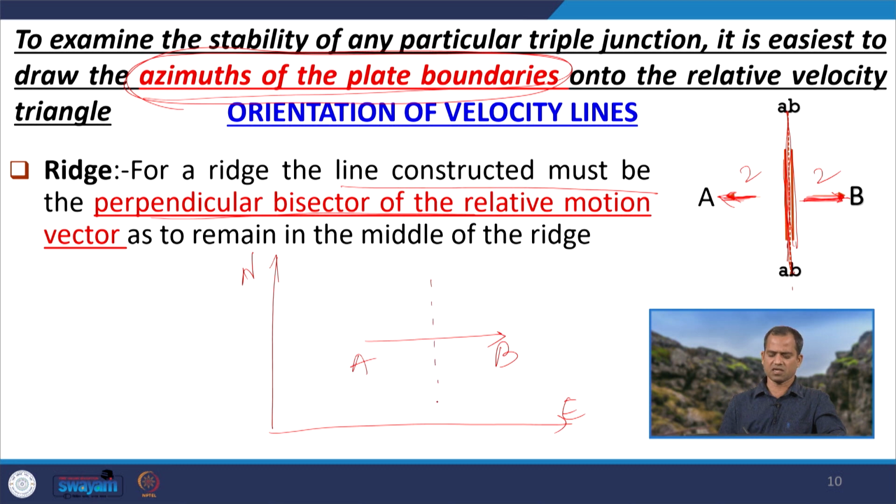That means this AB, which is the orientation of the plate boundary between A and B, is now this. So, in solving this triple junction problem, we have to draw this relative velocity triangle depending upon the relative velocity, and on it we have to draw the orientation of the plate boundaries, which has a certain assumption that we have already discussed. If it is a ridge, it should be the perpendicular bisector of this relative velocity triangle side.